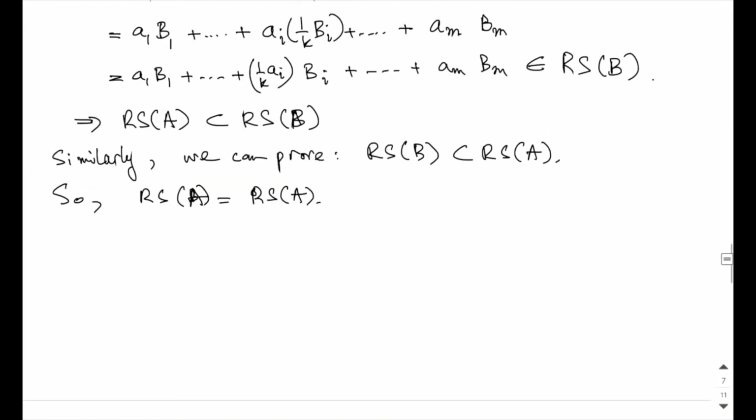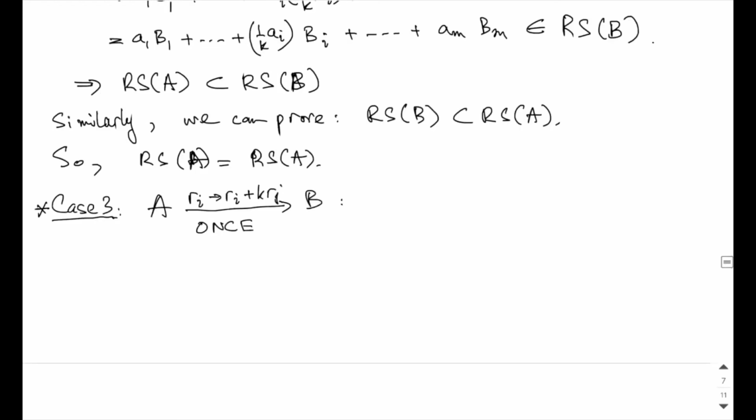Now case number 3. What if we obtain B from A by modifying the ith row of A, making it the ith row plus k times the jth row, and this is only once.